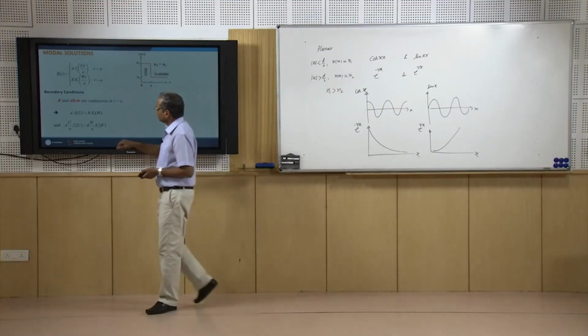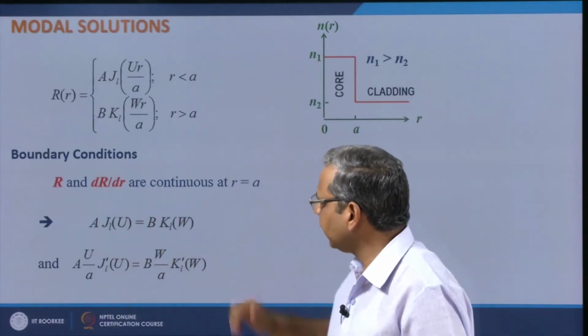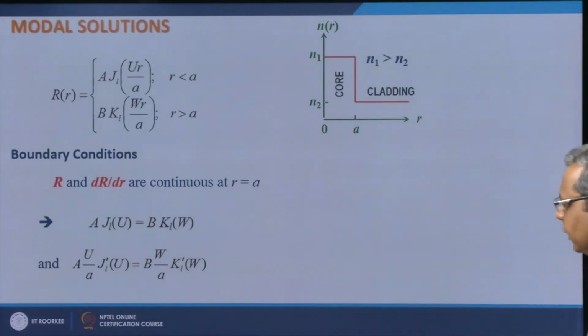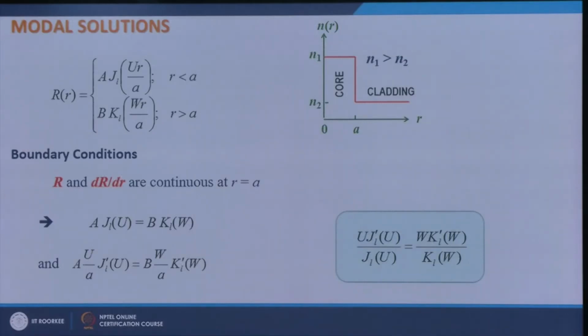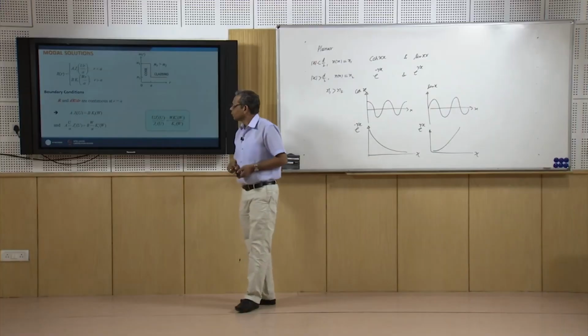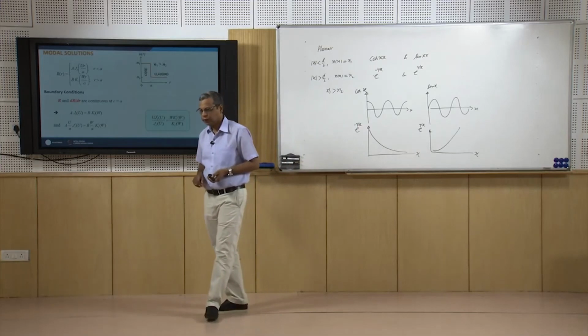From here I can relate B to A, and then eliminate A and B and get an eigenvalue equation in beta. If I divide this by this, U J_L prime(U) divided by J_L(U) is equal to W K_L prime(W) divided by K_L(W).